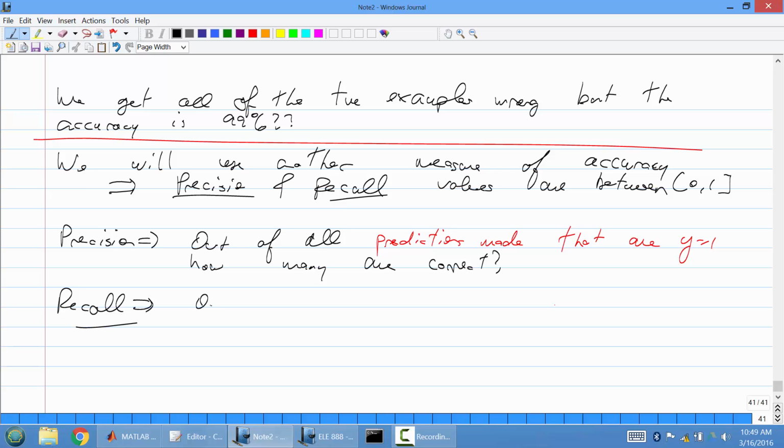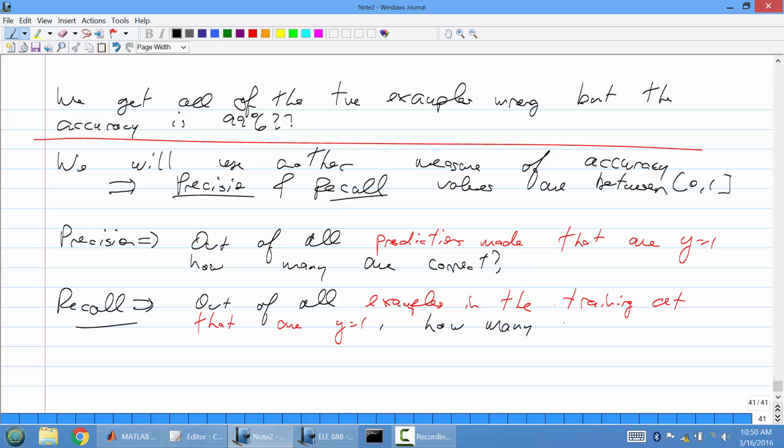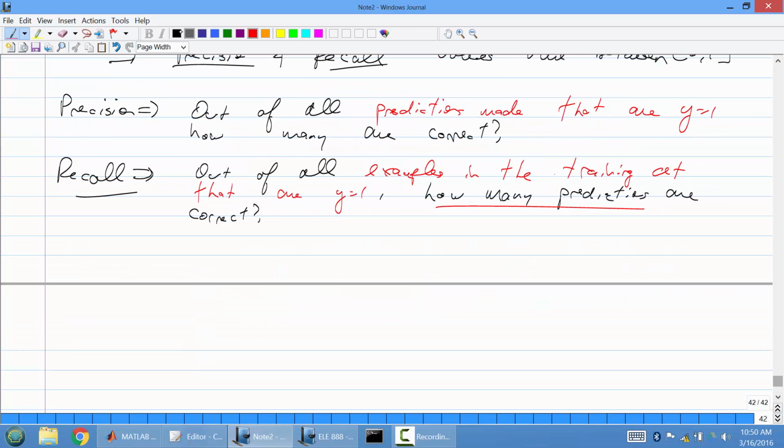So out of all examples in the training set that are positive, that are y equals 1, how many predictions are correct? So that's recall.